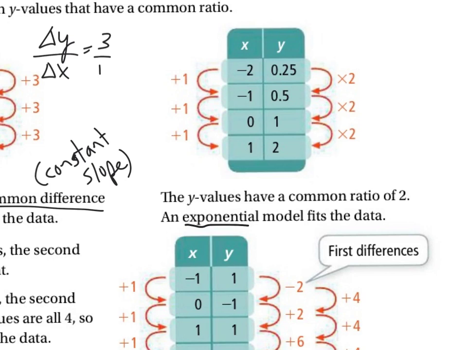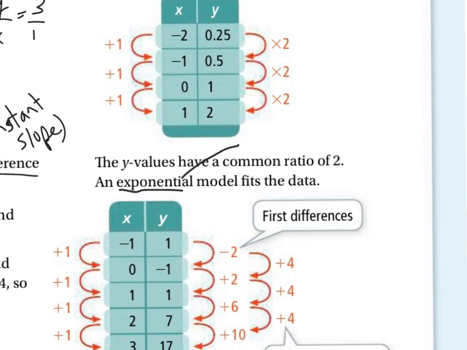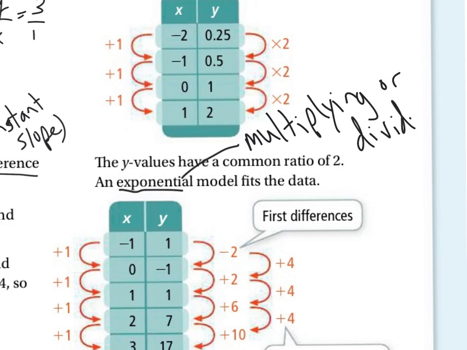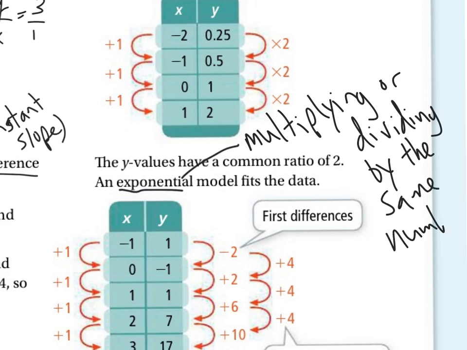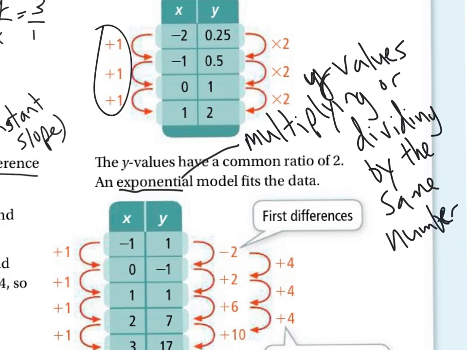So exponential, what happens is we are either multiplying or dividing by the same number each time. And that's with the y values. So the y values we're multiplying or dividing. The x values we're just adding the same number each time.